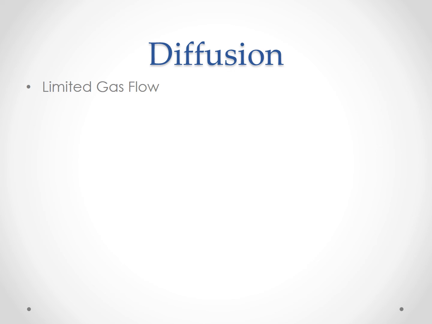Diffusion limited gas flow: diffusion across the alveolar wall is a function of the AC membrane. So you have those lighter gases like carbon monoxide and carbon dioxide that move through the AC membrane quicker.